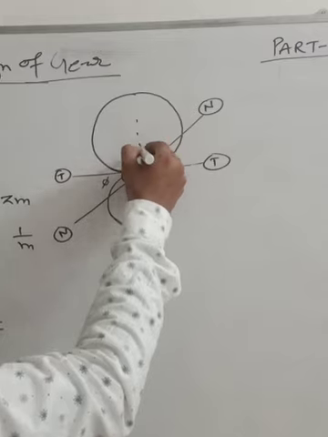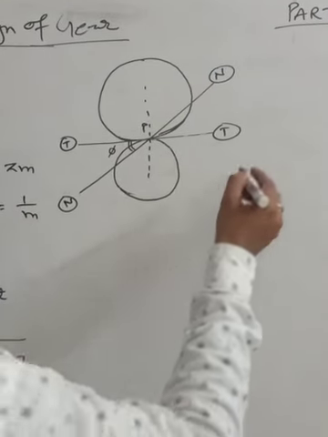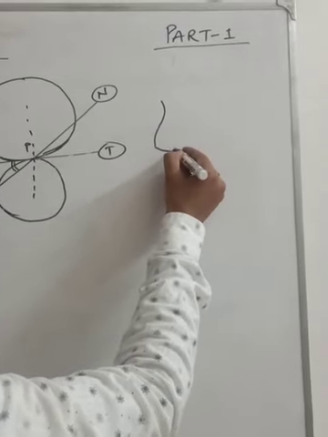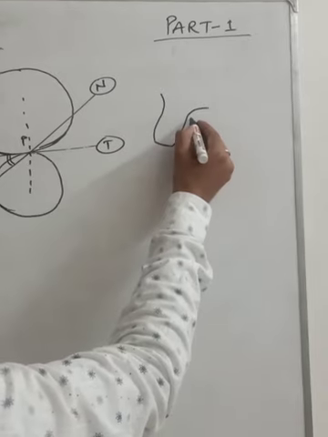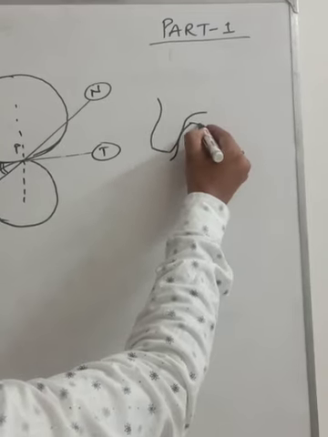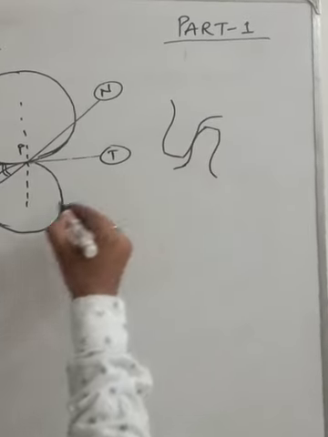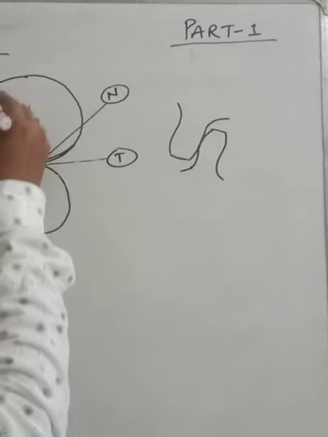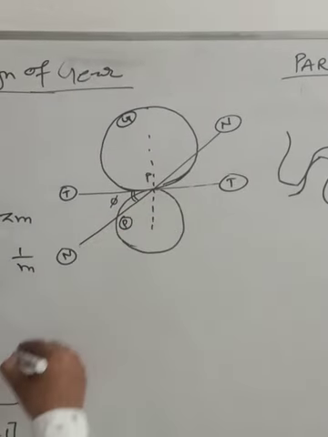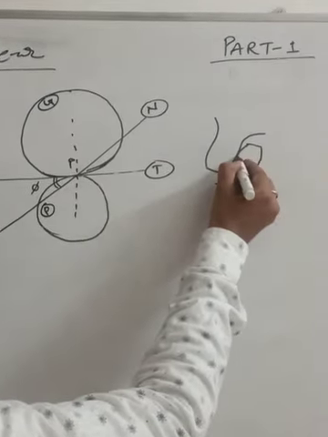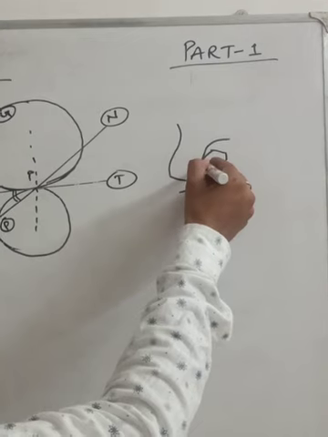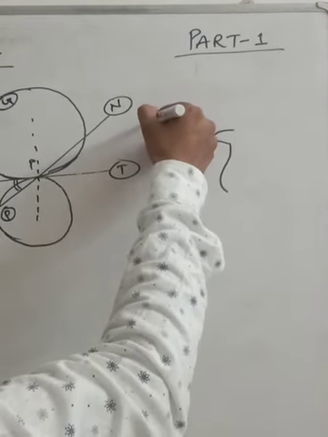And if we are considering the contact of the teeth, if this is the tooth on the wheel and this is the tooth on the pinion, this is our gear G, and this is our pinion P, then this is the contact, and we know that the normal passes through this and the pitch point.